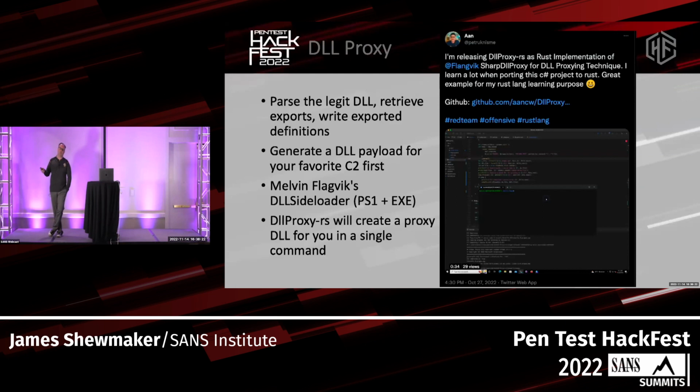It parses a DLL, records all of its exports, all the functions it's providing as official functions you can call, and creates a fake copy of it, or a copy that you can also do something with. So if you want an all-in-one tool, a single command that gives you a proxy DLL, this tool is the one I would try first. It's in Rust, but it does all the work.